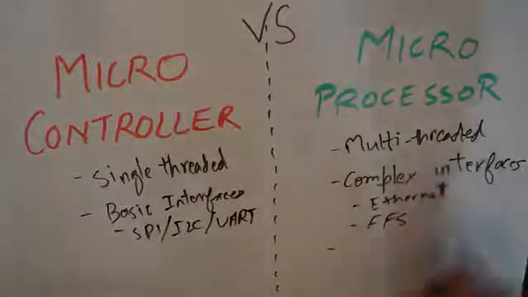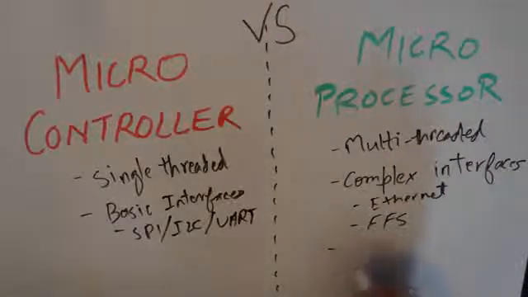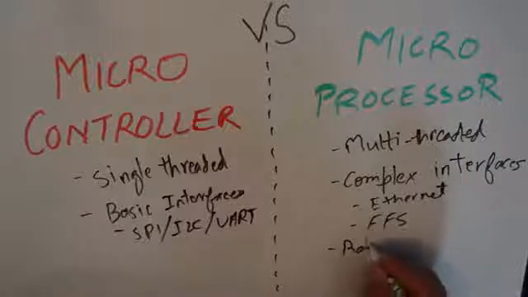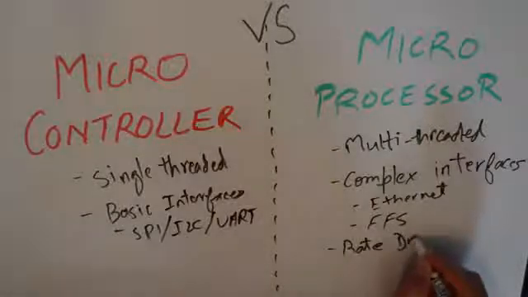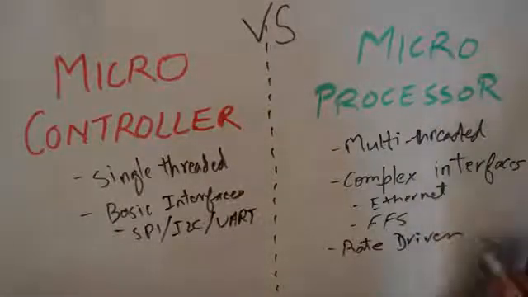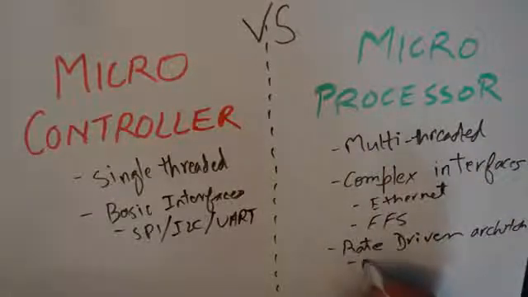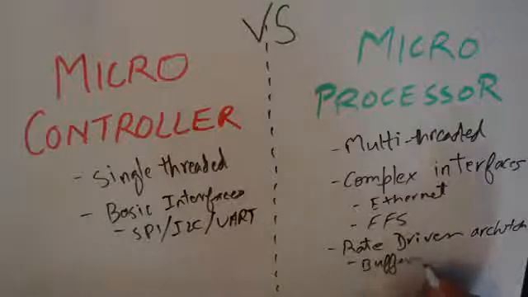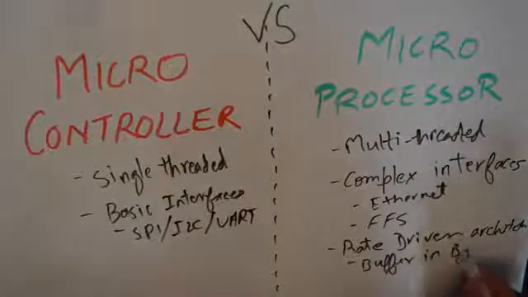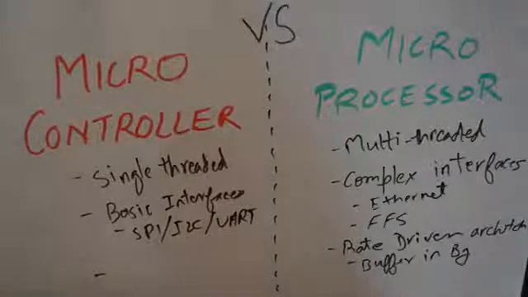So it would fall under this multi-threaded category, but another thing to consider is if you have some kind of a rate-driven architecture that needs to also do some buffering in the background. And over here, you want to make sure that you have a single-threaded application.